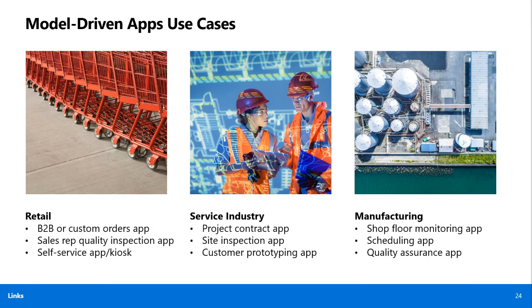There are quite a few examples of great scheduling functionality with both Field Service and Project Operations or the older Project Service Automation that you could use as starting points or examples of what you might be able to build. Or a quality assurance app that allows your quality team to keep track of test results and things like that out on the shop floor.